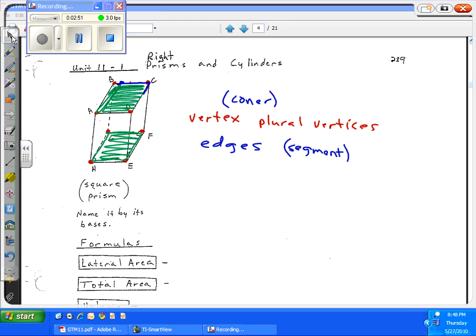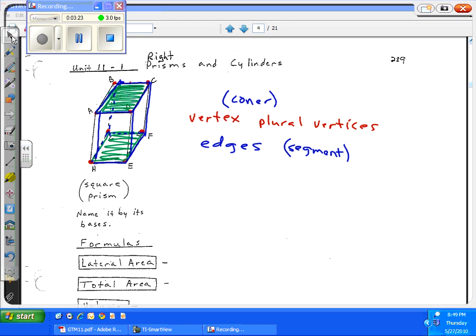Well, there's 1, 2, 3, 4, 5, 6, 7, 8, 9, 10, 11, 12 edges. The green things are the bases, the upper base and lower base. They're also called faces, but they're special kinds of faces, which we call bases. The edges at the base are called base edges.